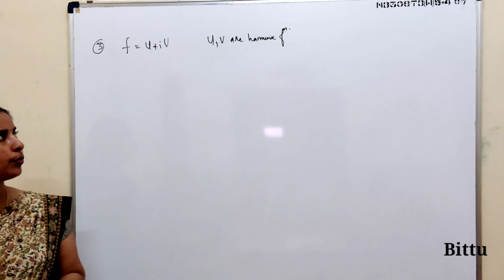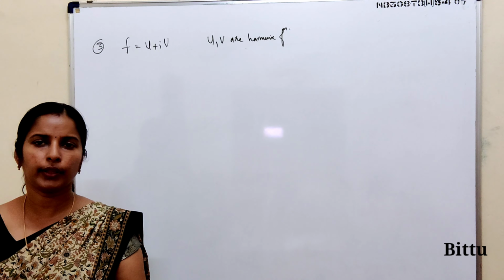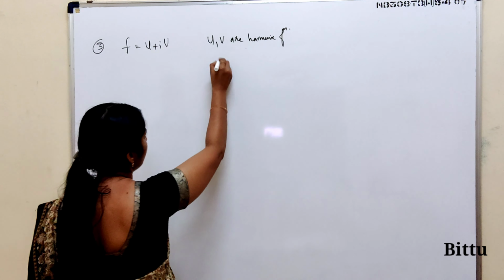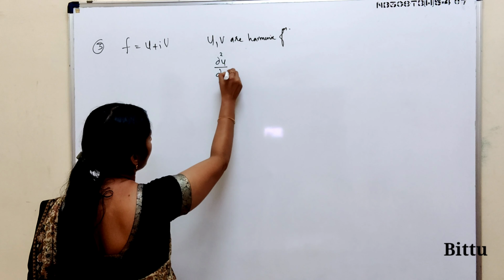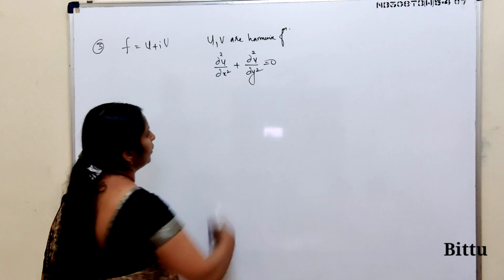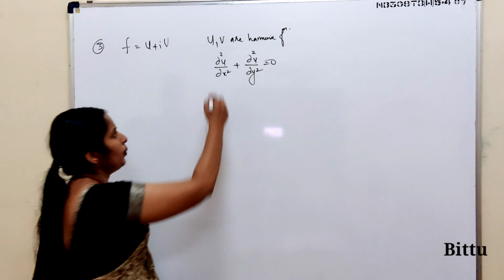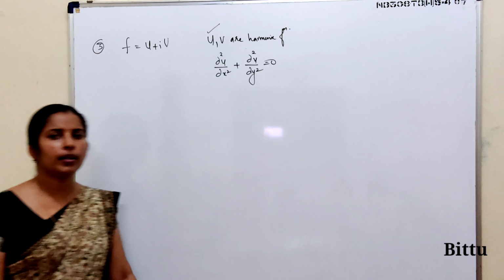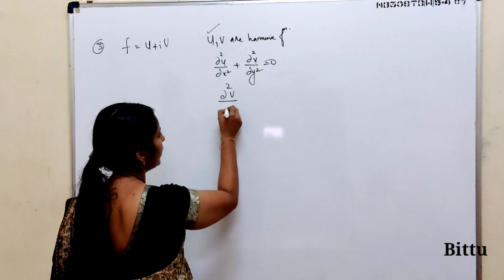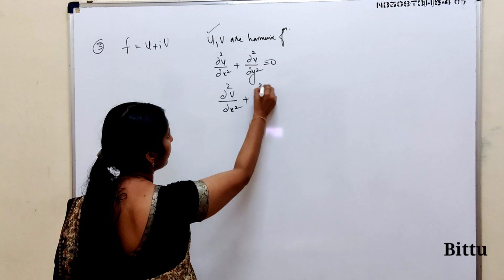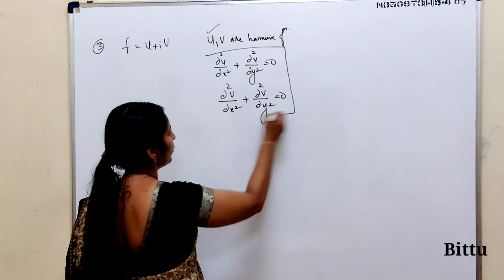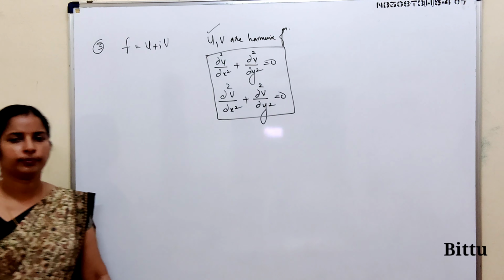In this question we have to prove u and v are harmonic functions. For proving, you have to establish this equation: ∂²u/∂x² plus ∂²u/∂y² equal to 0. Then we can say u is harmonic. In order to prove v harmonic, you prove that ∂²v/∂x² plus ∂²v/∂y² equal to 0. So our aim is to prove these two equations.